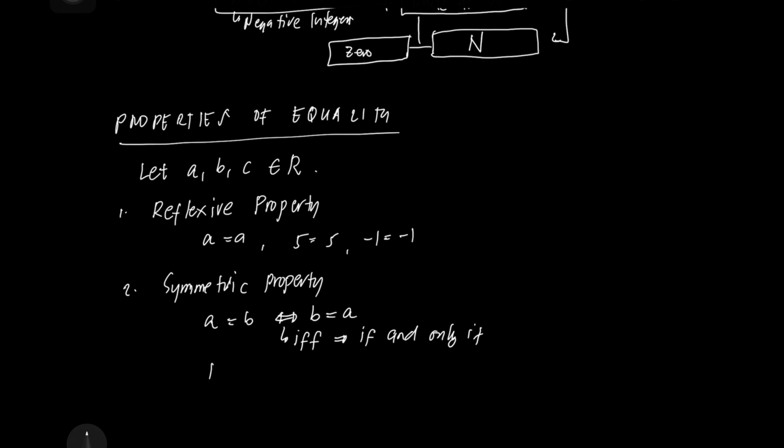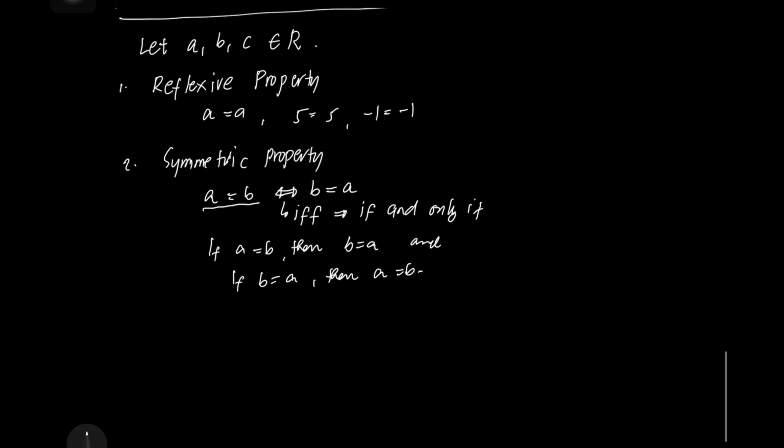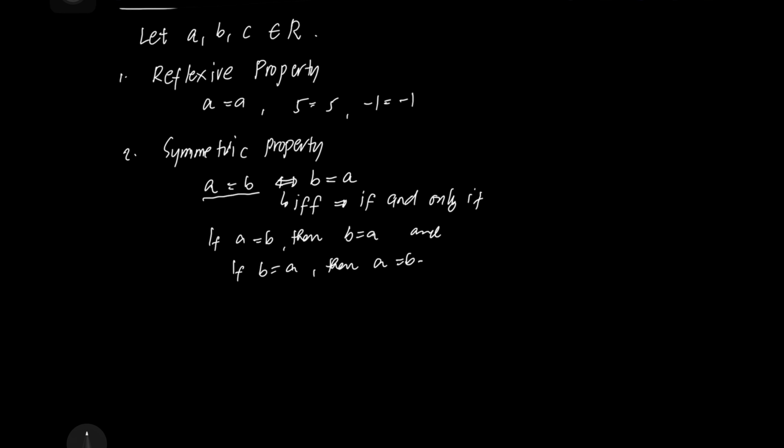It means that if A is equal to B, then B is equal to A. And if B is equal to A, then A is equal to B. In short, A is equal to B if and only if B is equal to A. That is the symmetric property.